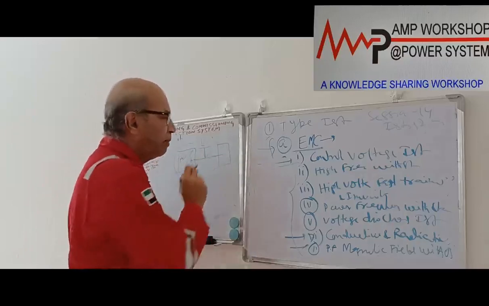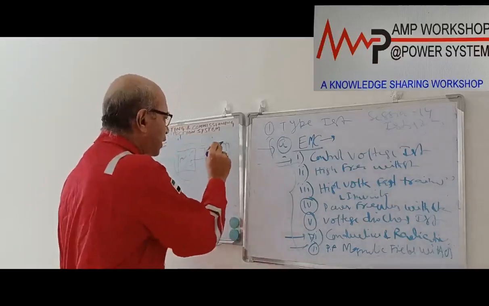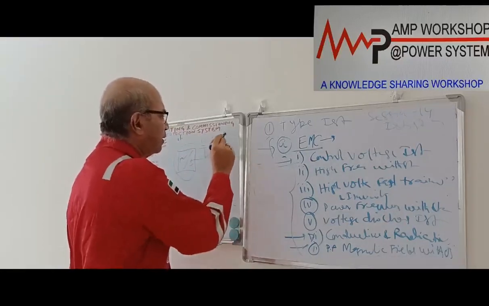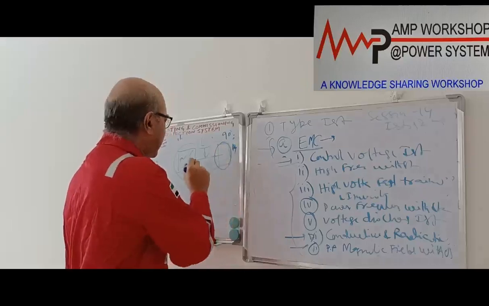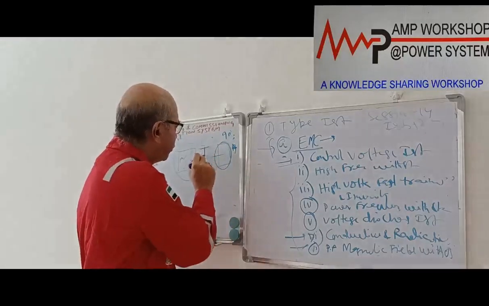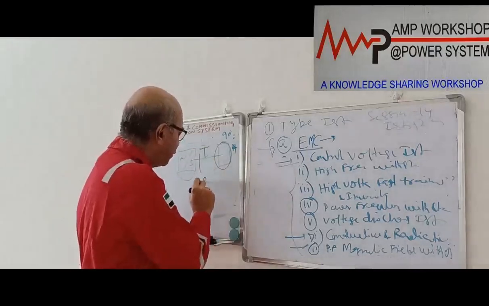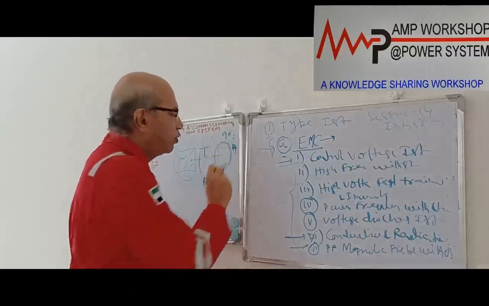During the discharge of the battery, the relay should not mal-operate. Suppose the relay is connected over here, setting as 90% CT supply, PT supply 90%, and suddenly the charger fails, and at that time supply is coming from the battery. So the battery is discharging, it is ramping down. During ramping down, this relay should not mal-operate.